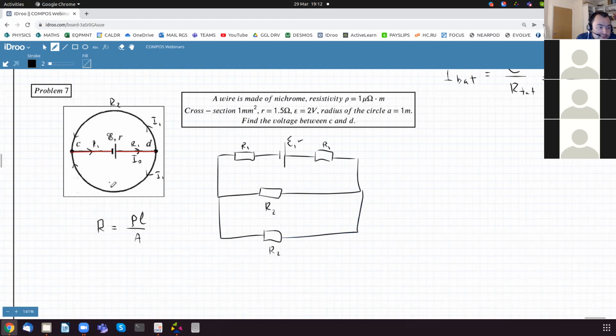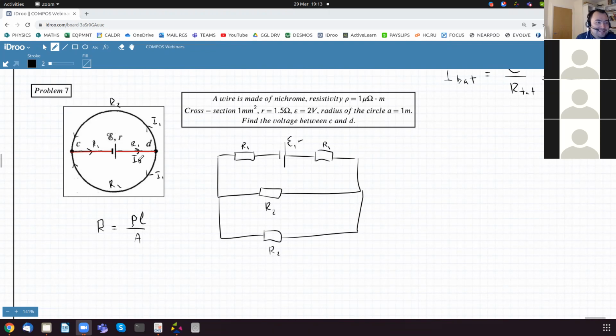So R1 is the resistance of this length of wire. R2 is the resistance of this length of wire. Do you fully understand how these two circuits are equivalent? Please give me a vote from 0 to 10, as usual.